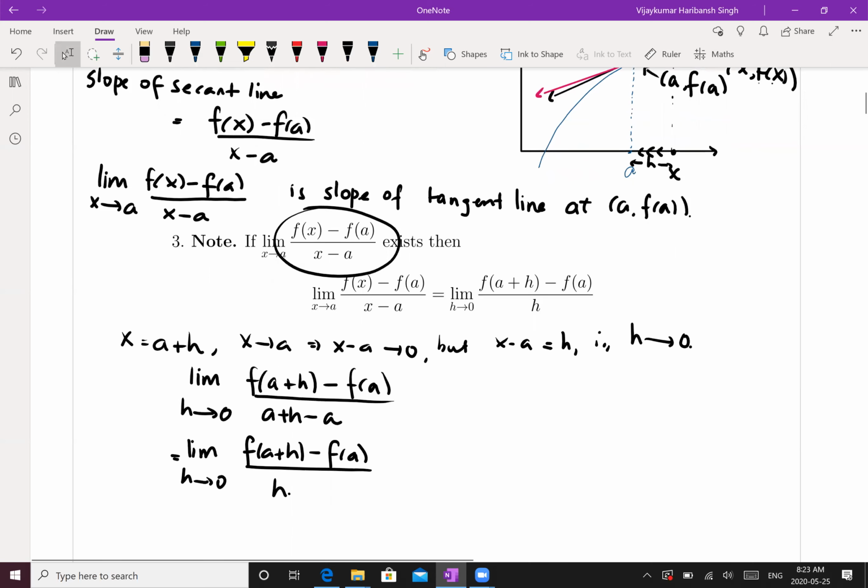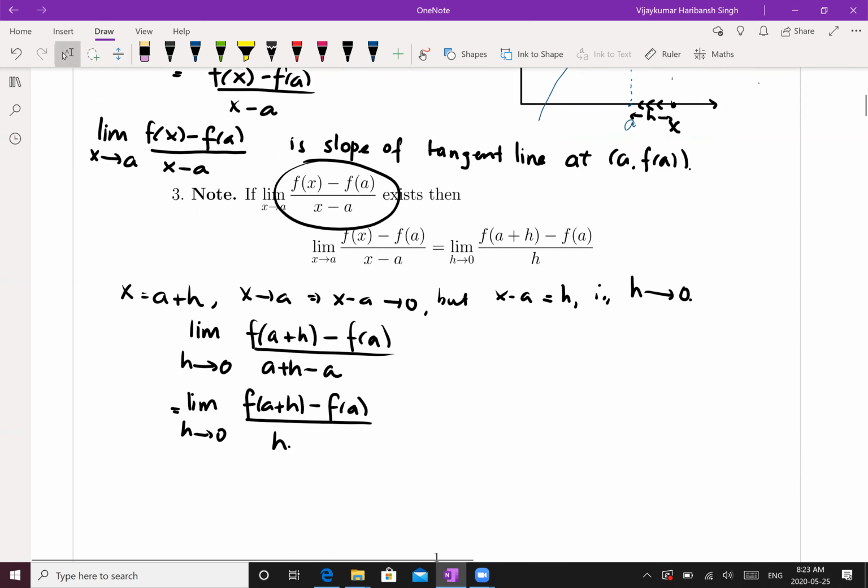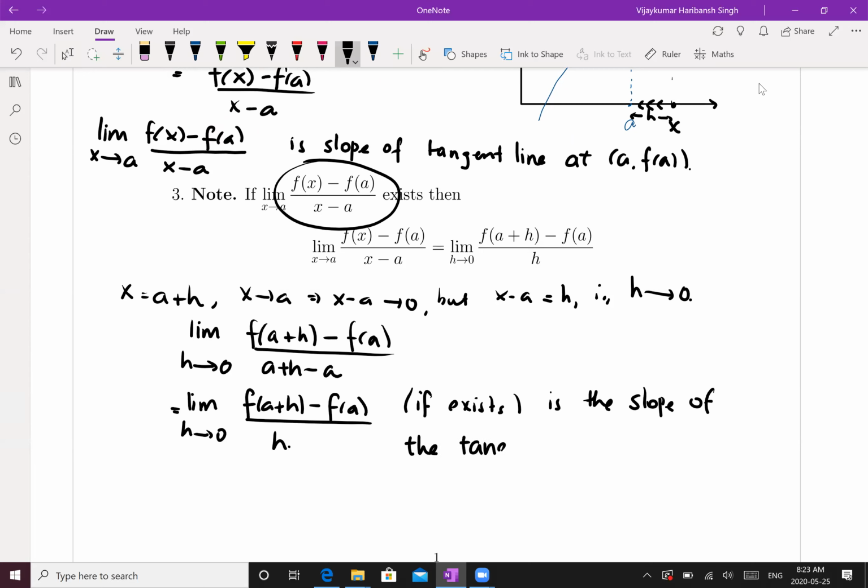So this limit, of course, if it exists, is the slope of the tangent line at a comma f of a. All right, so this is how you find out the slope of the tangent line.